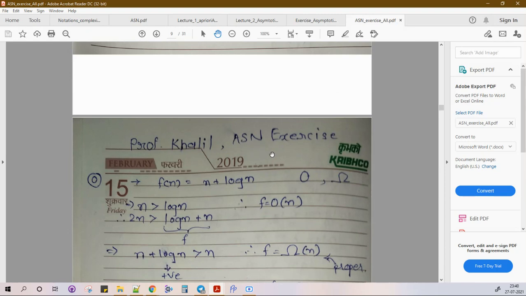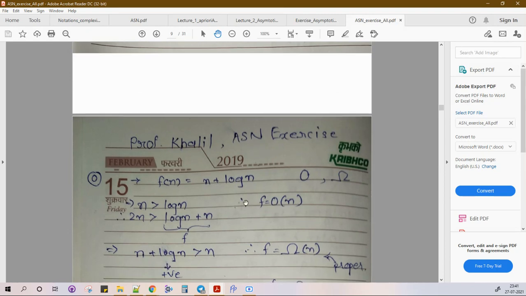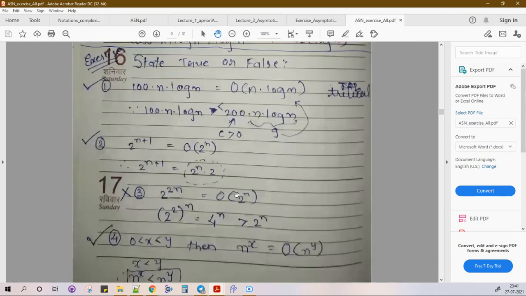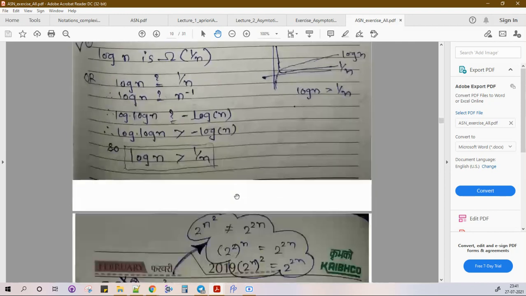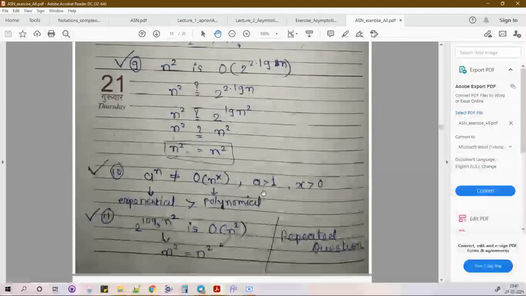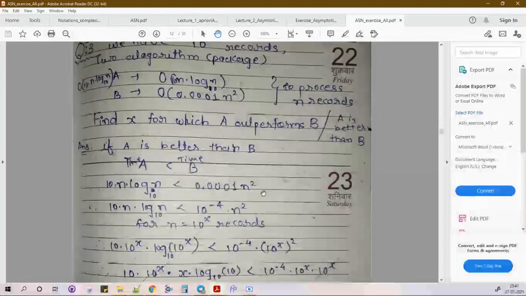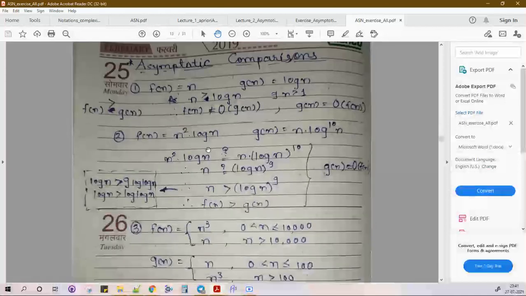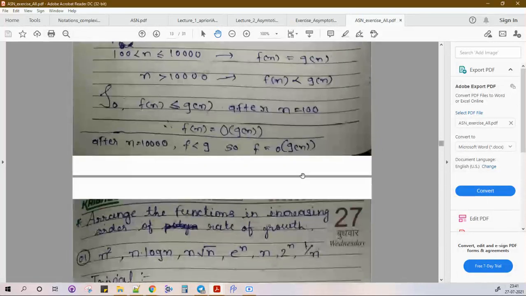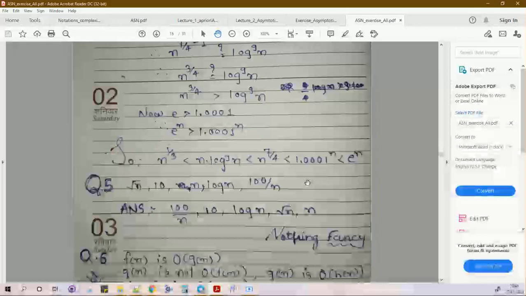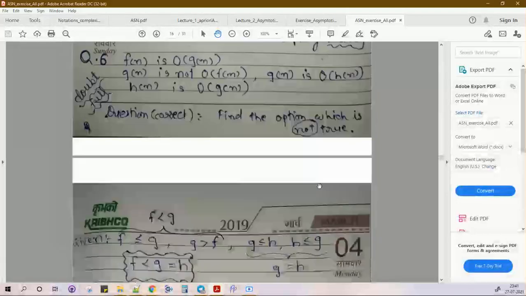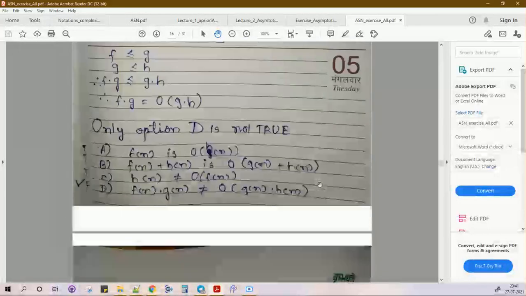And Professor Khalil, as an exercise we will take it tomorrow, because we have some 8 to 10 questions from asymptotic notation. Then it will start directly into the recursion part, right? So tomorrow we will start with the recursion, how to solve recursion problems.